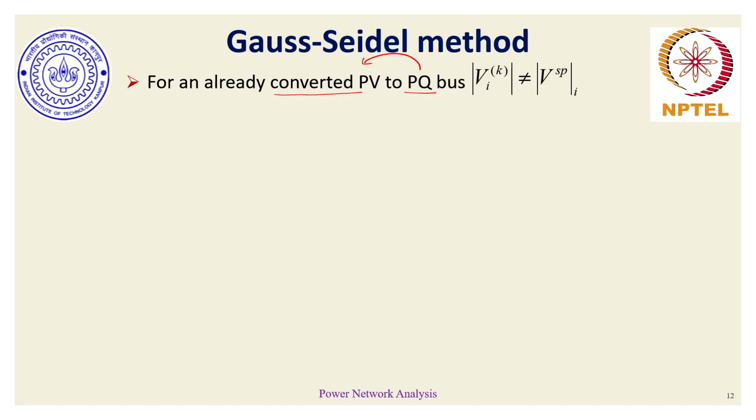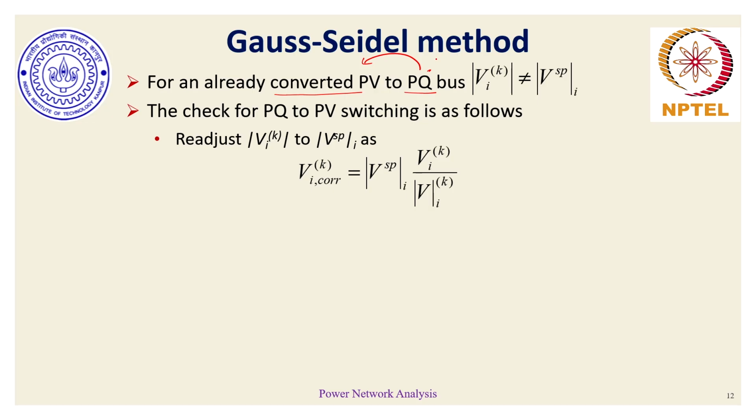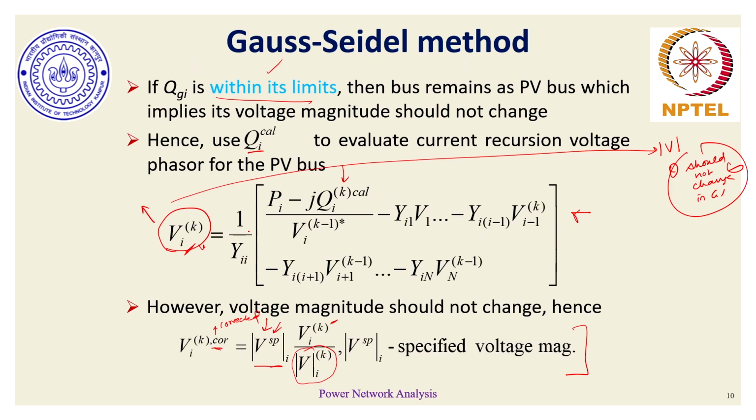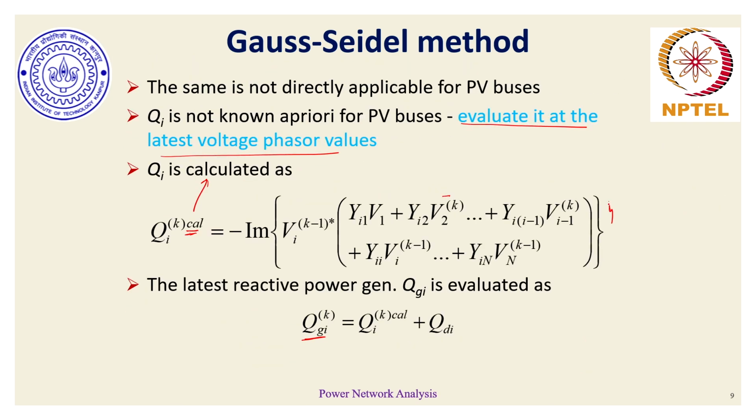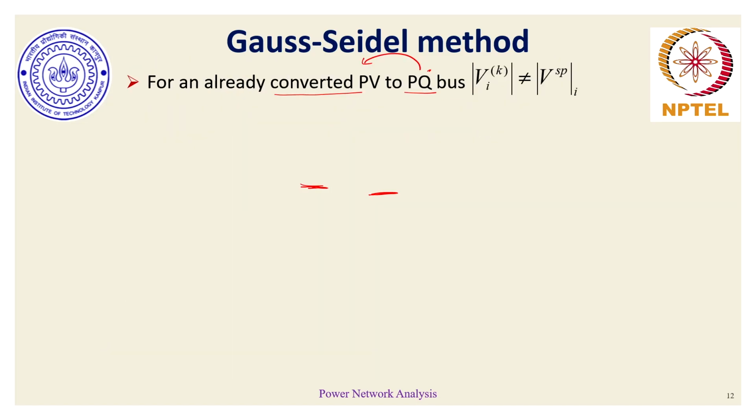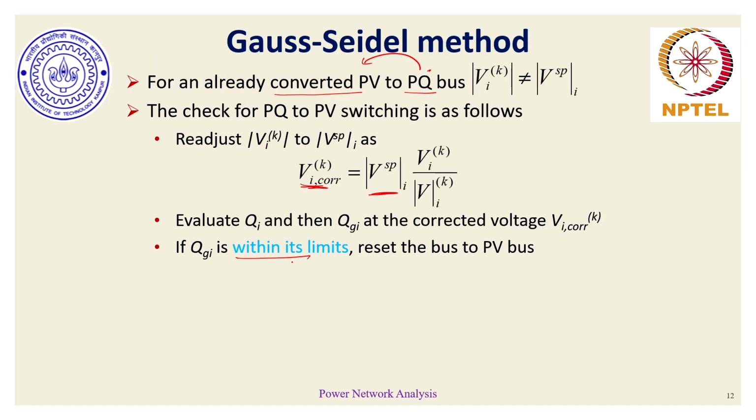So for this converted PQ bus, we change its voltage magnitude first to the specified value, correct the voltage phasor, and use this voltage phasor to evaluate the expression of QI as shown here. With the corrected voltage and this Q expression, we find the reactive power generation. If this reactive power generation comes back within its limit as per the correction, then this converted PQ bus, which was actually PV, can regain its PV status. Once PV status has been regained, voltage magnitude remains fixed.